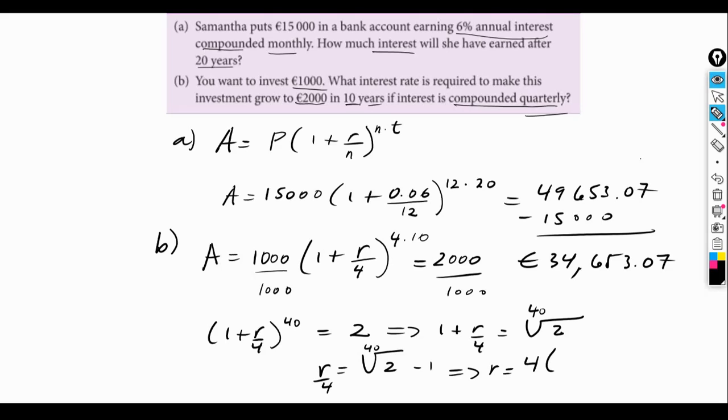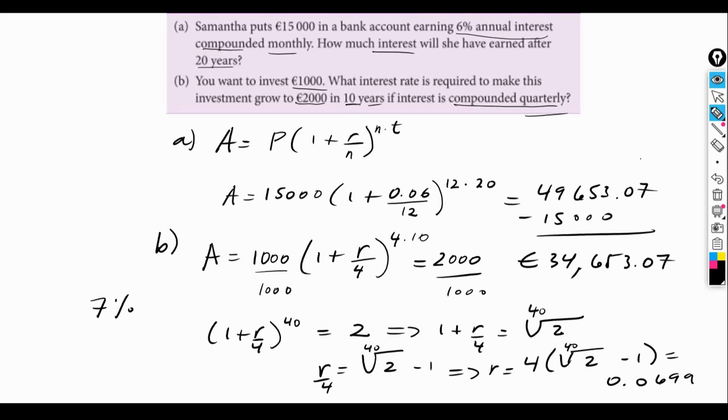So 4 times the 40th root of 2 minus 1. Plug this in the calculator, and it's going to give you approximately 0.0699. Approximately, you would need an interest rate of 7%.